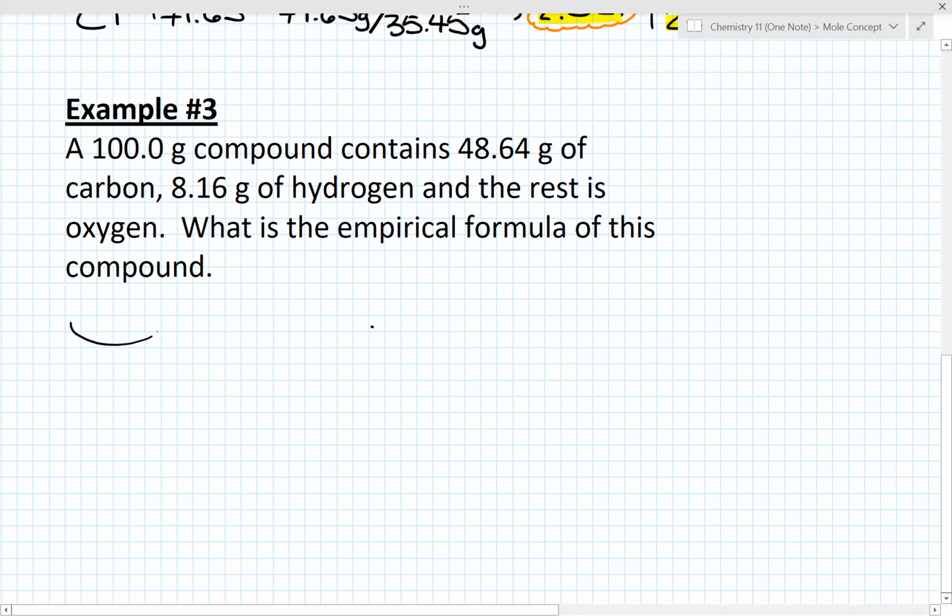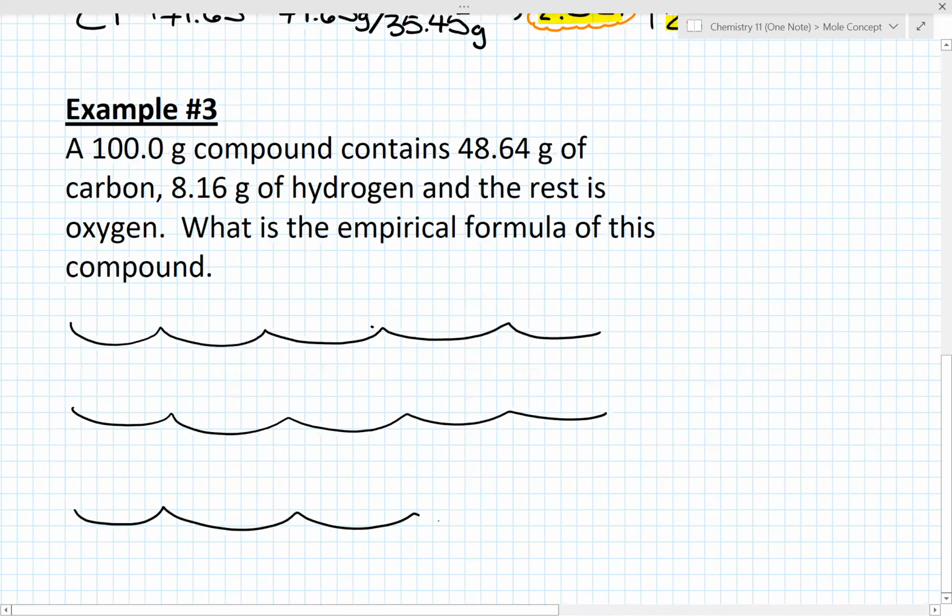Now, in this particular case, again, let's set up our table. And again, we have our elements: carbon, hydrogen, oxygen. We have our mass.